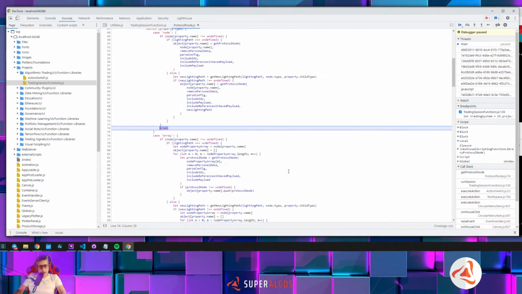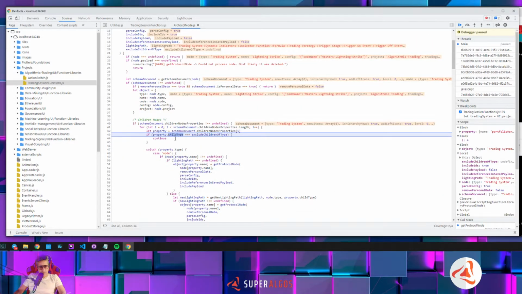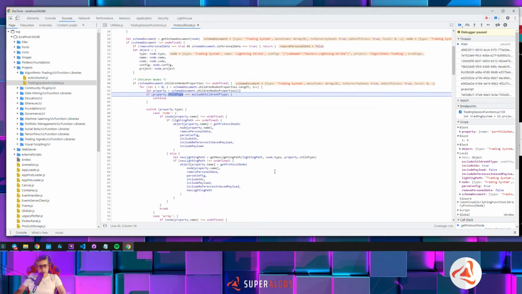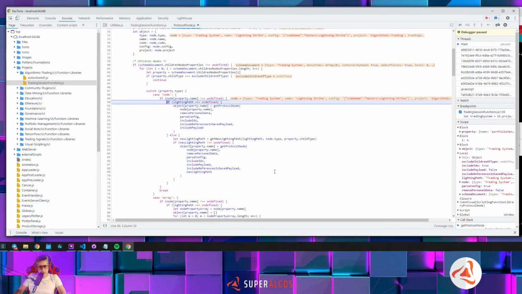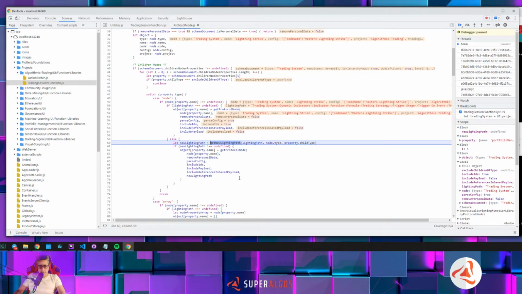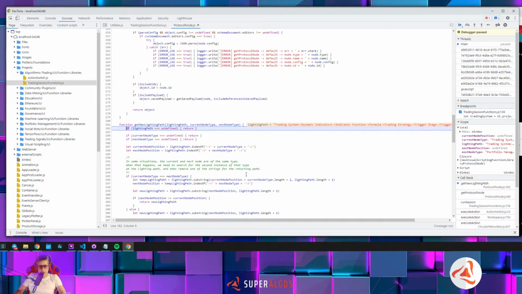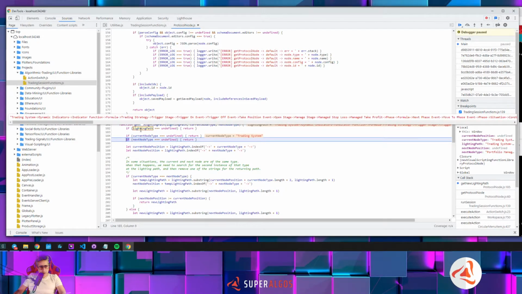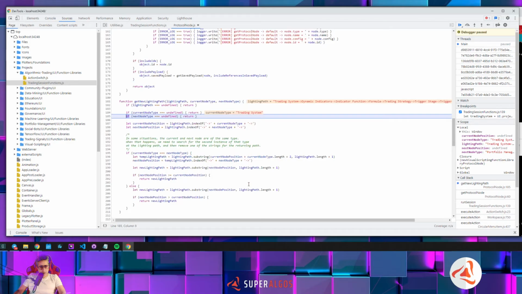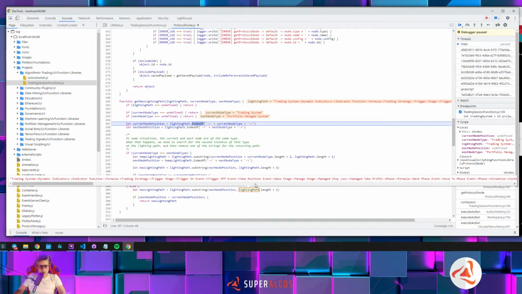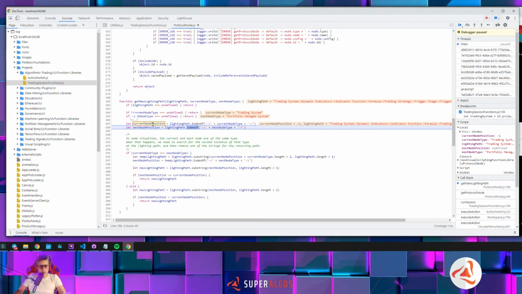Incoming signals. Portfolio manage system. Get into here. Okay, so current node type.